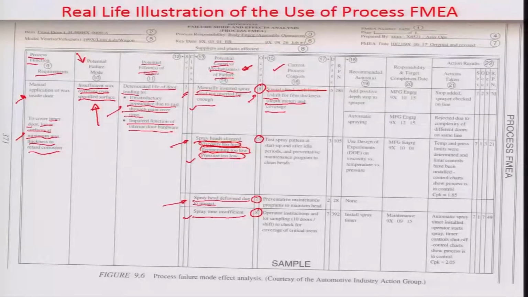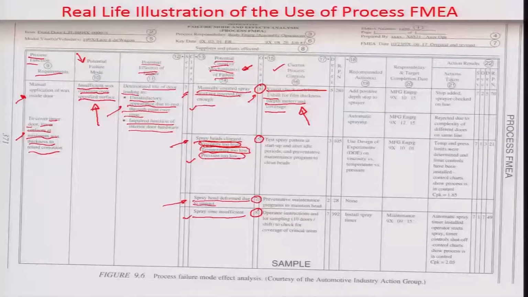And also the coverage can be measured by moving the pointer from one side of the door to the other side to see if the whole layer is executed, or if there is some kind of a hole or a crevice in between which has been left, or if it is insufficient at certain times because of beading and other effects. So only a visual check is initiated at this particular failure mode for doing a process control.